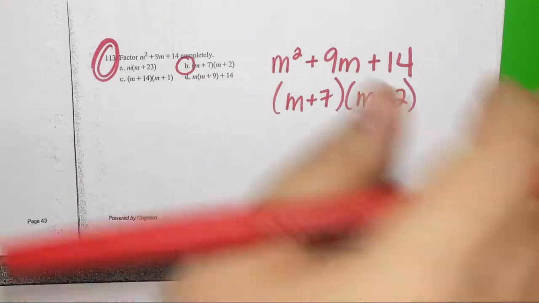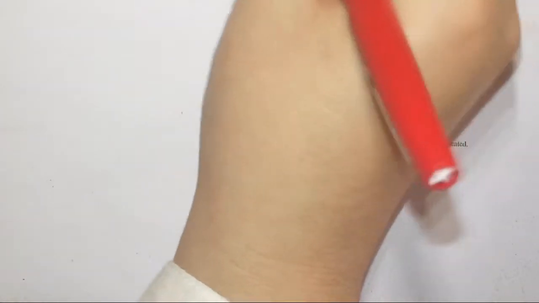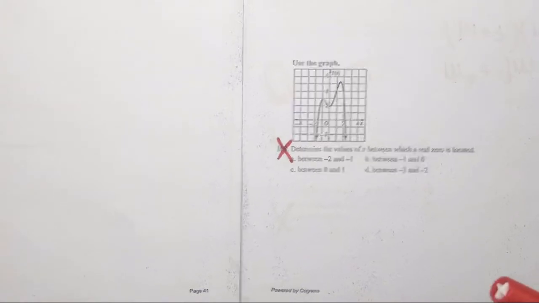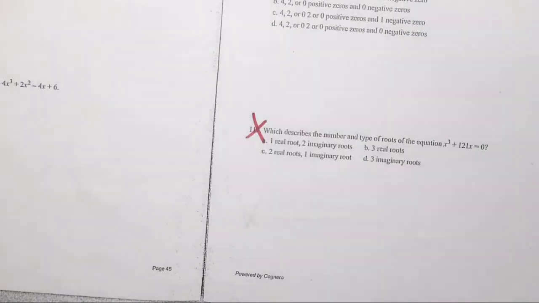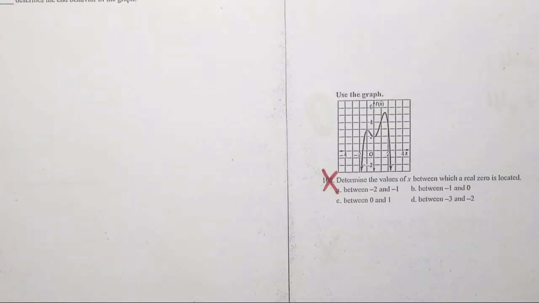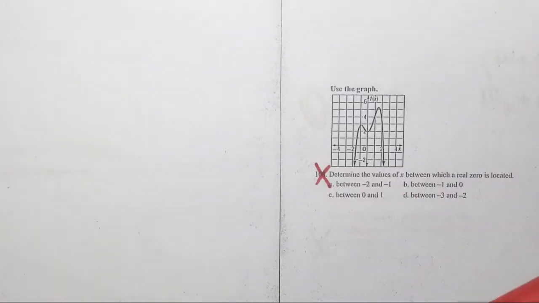Okay, let's flip to the page before that. We are not doing 108, 107, or 106. Oh, wait, did I skip a page? No, I didn't. We're not doing 108, 107, or 106. Goodbye.